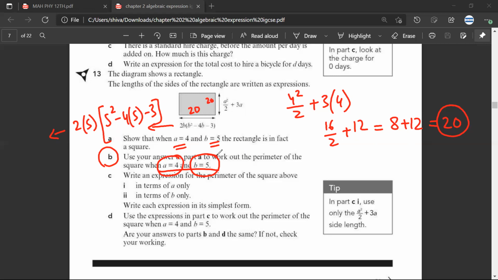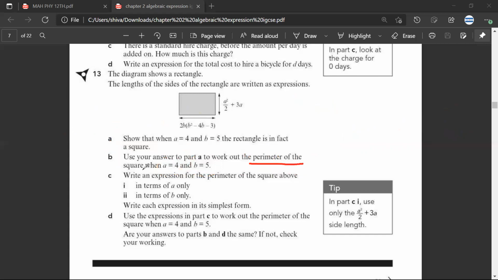Okay, so perimeter of the square would be, Mr. Sarthak? So 20 into 4. 4 into 20 is equal to 80. Satya, have you understood? But now it is 20 and 20, so we have to multiply both of them, right? Okay, so we have to find the perimeter.